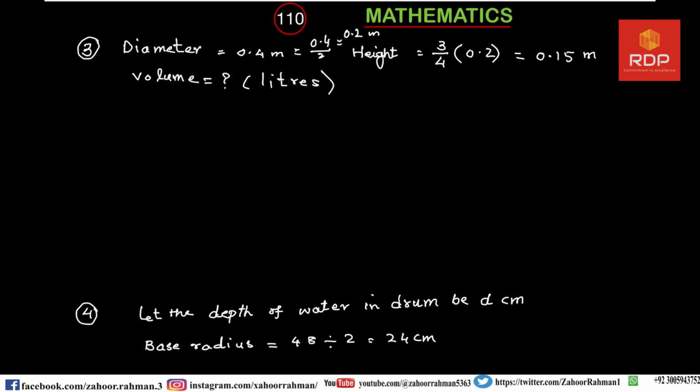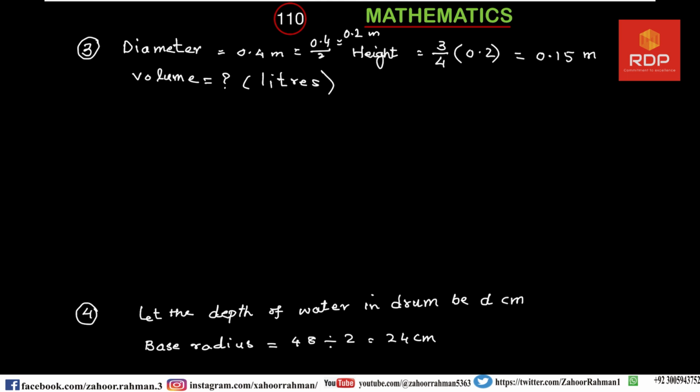Today we are going to solve question number 3, and the question number 3 is saying the diameter of the base of a cylinder is 0.4 meter. Diameter is given, so we have to find the radius because we need radius in the formula instead of diameter.